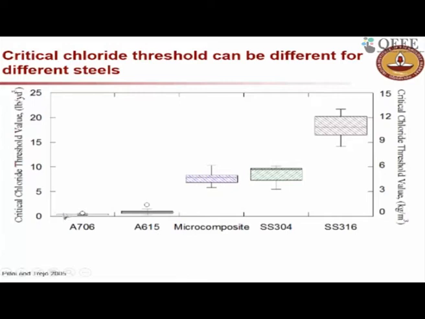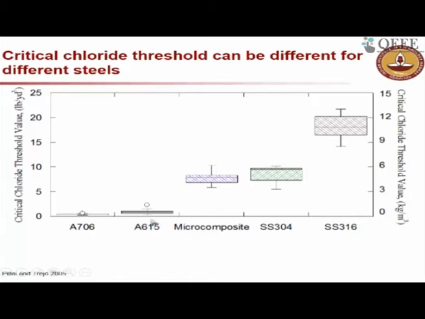You can clearly see that if you use the corrosion resistant or stainless steel 304 rebars, you can increase the chloride threshold. In other words, the amount of chlorides needed to initiate corrosion is much more than on these two.